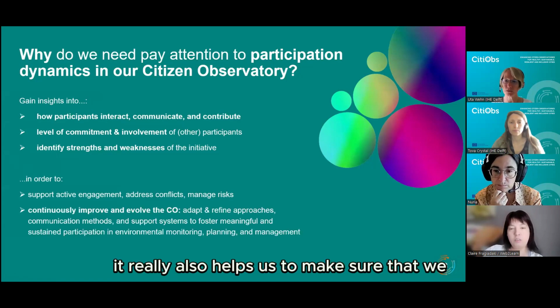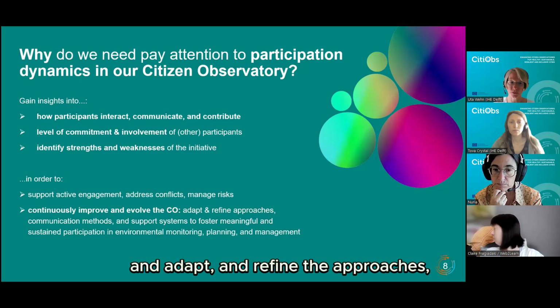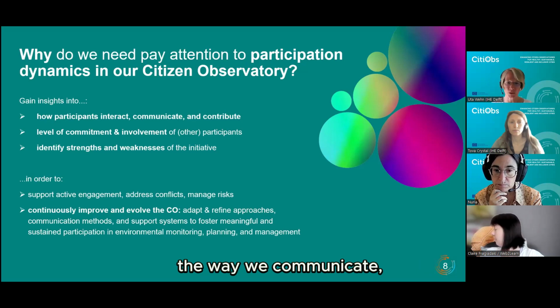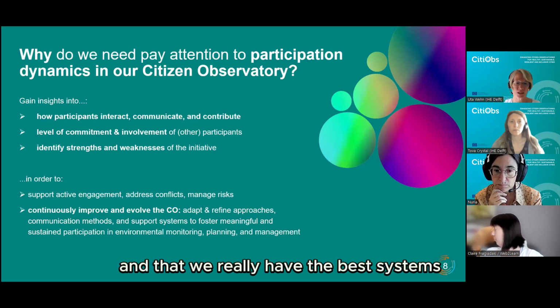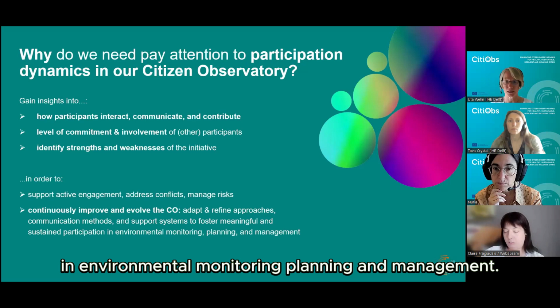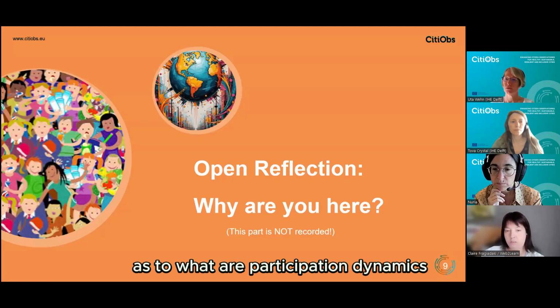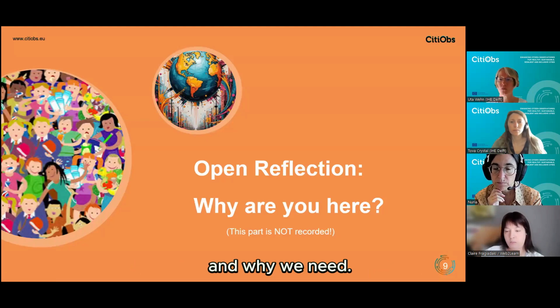But overall, it really also helps us to make sure that we continuously improve and evolve the observatory and adapt and refine the approaches, the way we communicate, and that we really have the best systems in place for meaningful and sustained participation in environmental monitoring, planning, and management. So with that brief introduction as to what are participation dynamics and why we need.